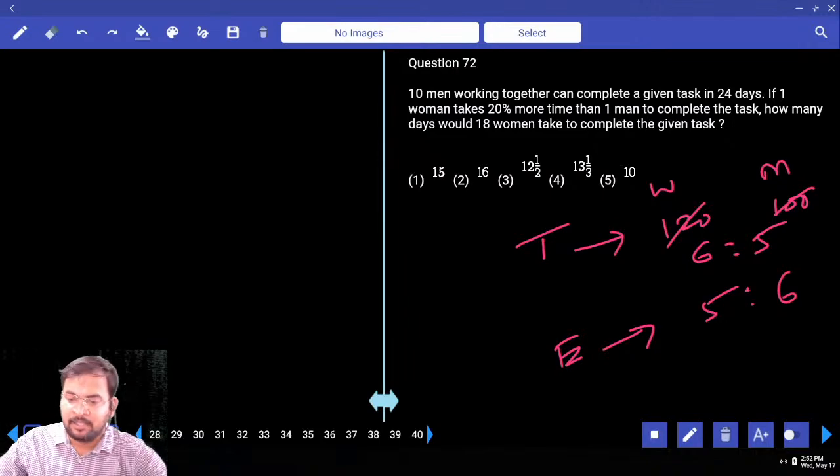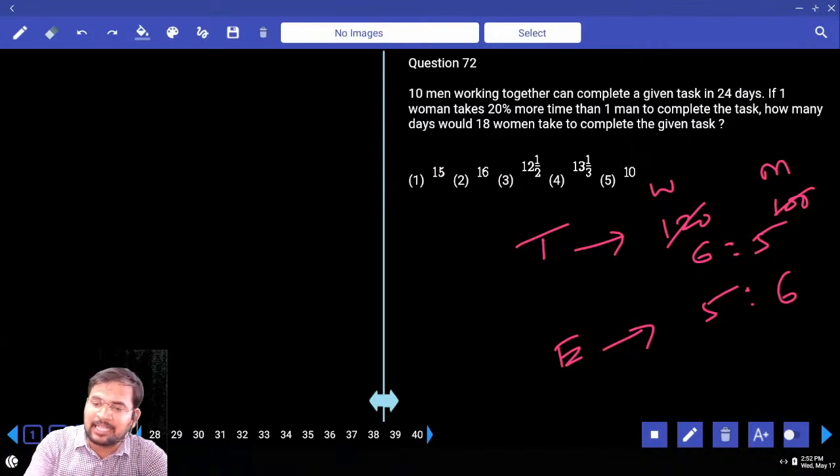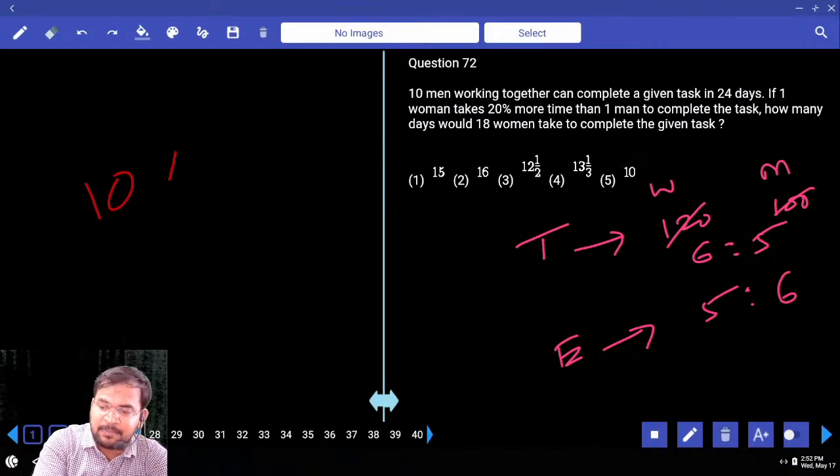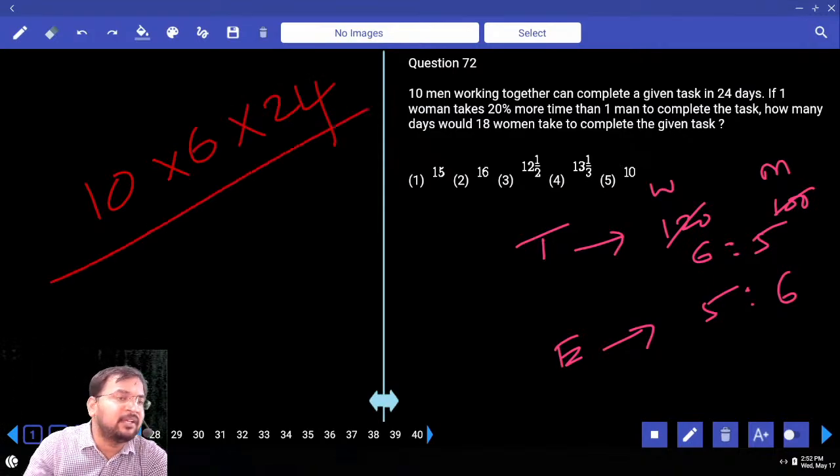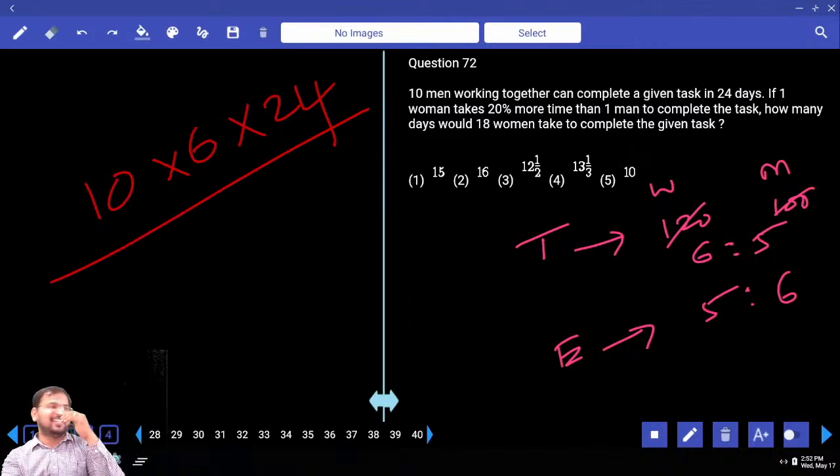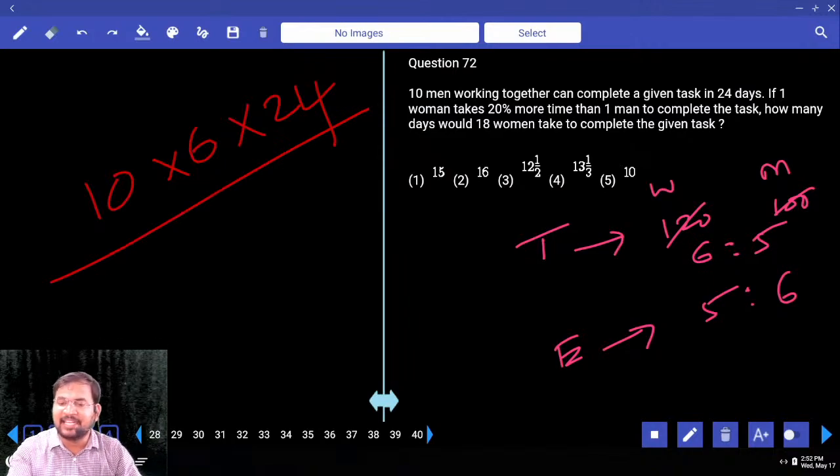Are you clear? Now, how many days would 15 women take to complete the given task? So look at it. Total task is how much? 10 men, each man's efficiency is 6. This is the total work. This much work, 18 women, how many days?